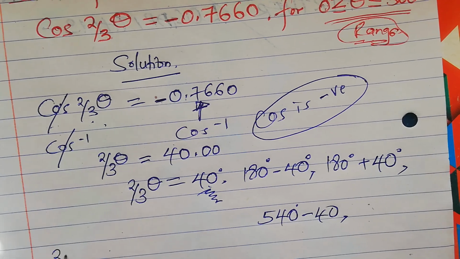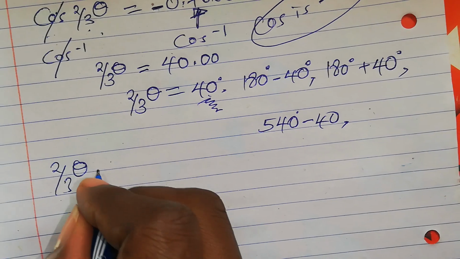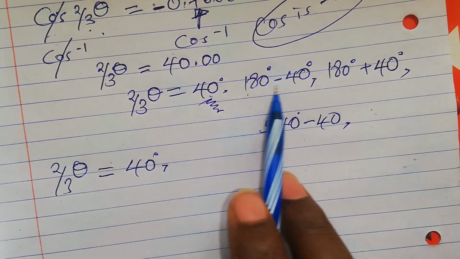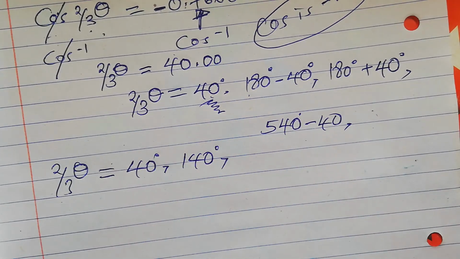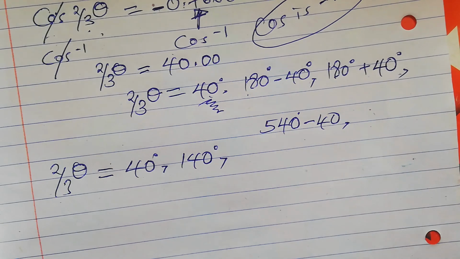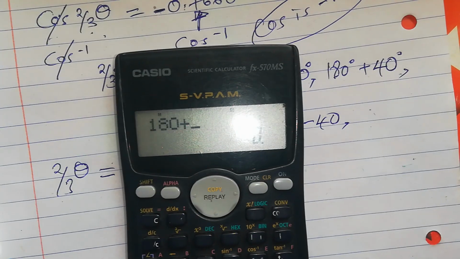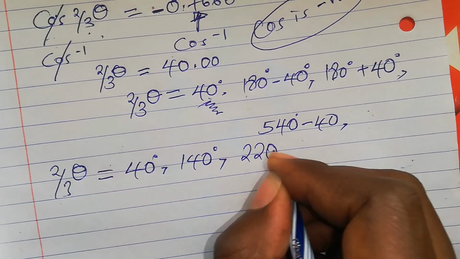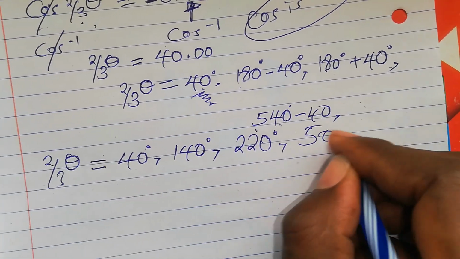So 2/3 theta is equivalent to: the first angle is 40 degrees, comma, 180 minus 40 is 140 degrees, comma, 180 plus 40 is 220 degrees, comma, 540 minus 40 is 500 degrees.